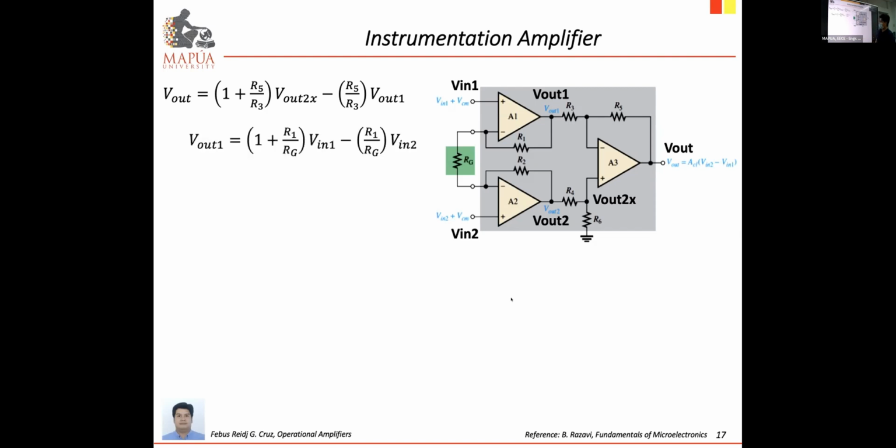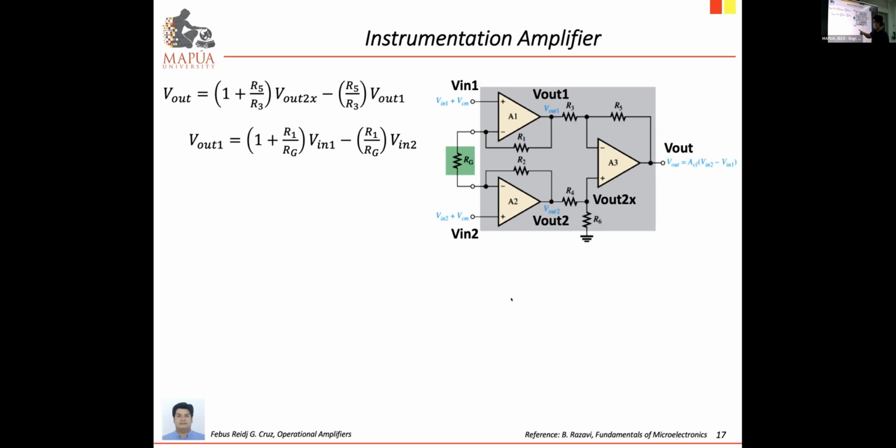Then based on the equation for amplifier 1, V out 1 is equal to 1 plus R1 over RG multiplied by the input at positive, which is V in 2, minus the voltage at the negative, R1 over RG multiplied by V in 1.